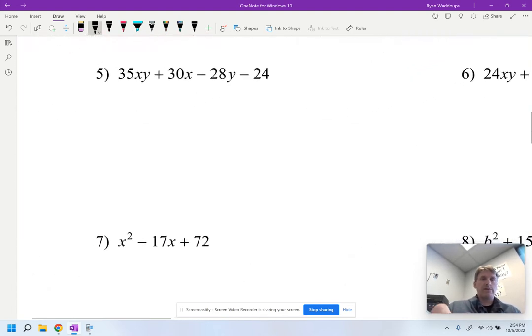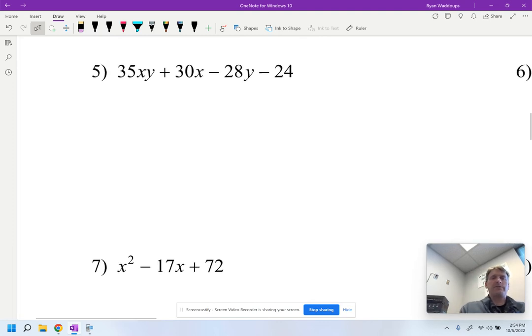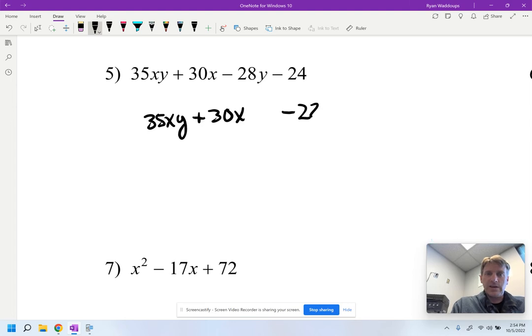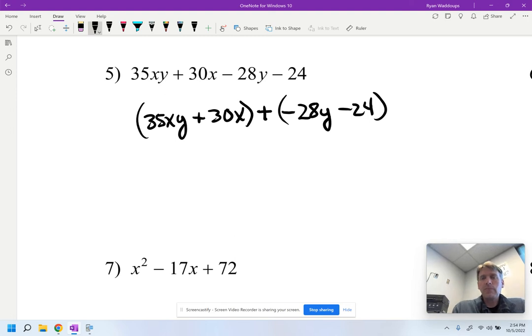All right, we're moving right along. Number 5. This time I'm going to do it a little bit differently. I'm going to use the factoring, but without the box. So I'm going to write 35xy plus 30x. I'm going to leave a space here, minus 28y minus 24. And I'm leaving it, so I'm going to group the first two and I'm going to group the last two, but then I need to put a plus in between them.